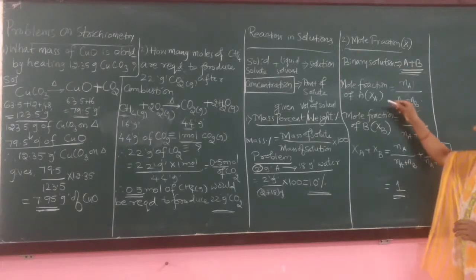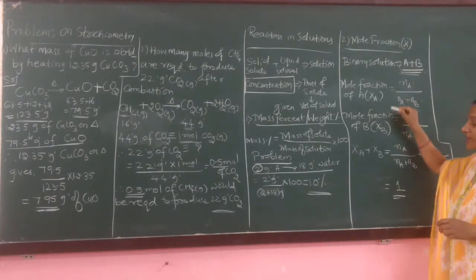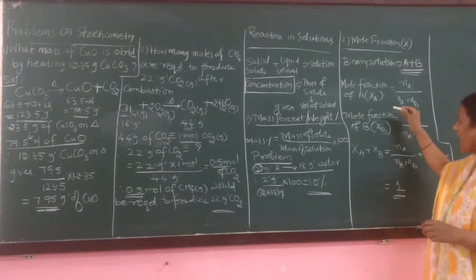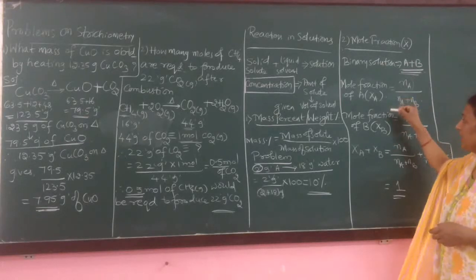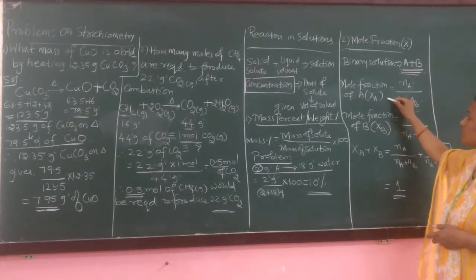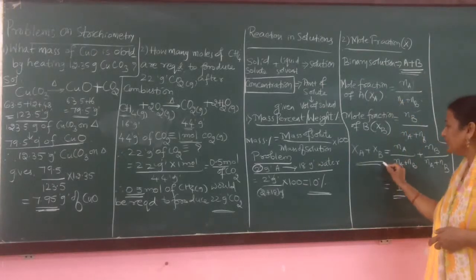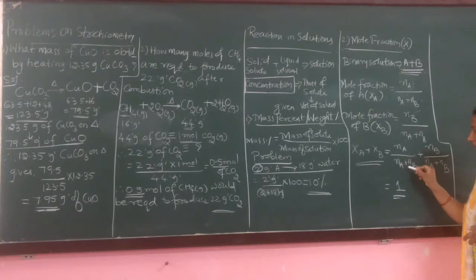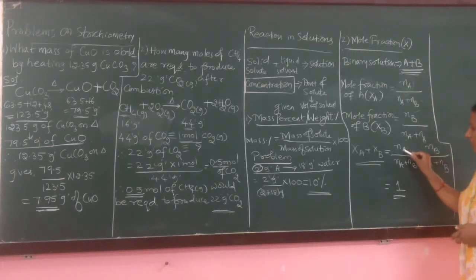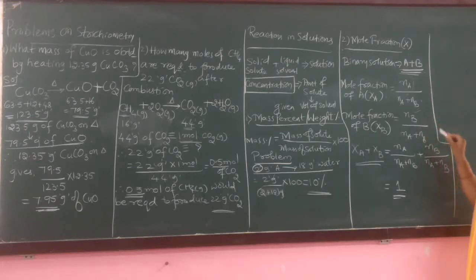Remember, on taking the sum of mole fractions, sum means add here, adding the mole fractions of the two components in this binary solution A plus B, XA plus XB is given by nA divided by nA plus nB, plus nB upon nA plus nB.